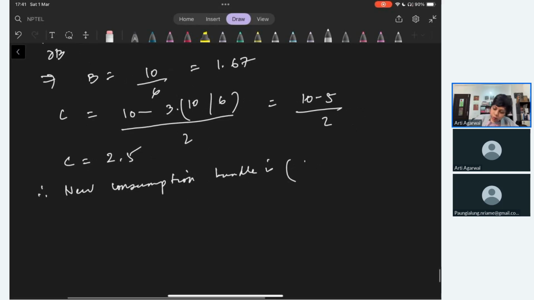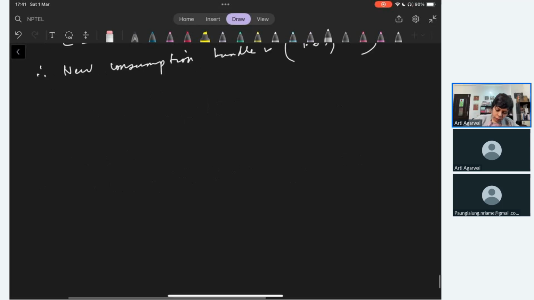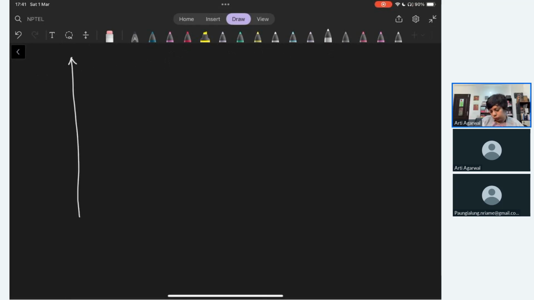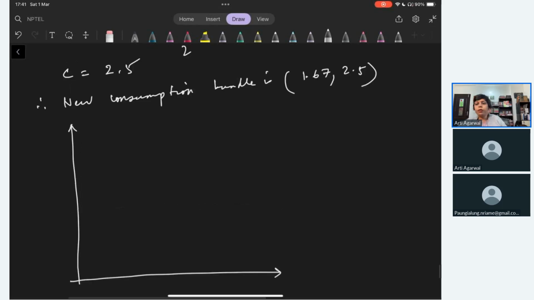And this is nothing but revision from your previous classes. Now let me draw this on a diagram. So initially what we had was the original pricing. B was 1.875 and C was 3, right? Now C has reduced from 3 to 2.5 and B has reduced from 1.875 to 1.67, right?